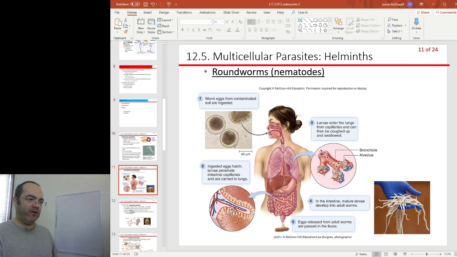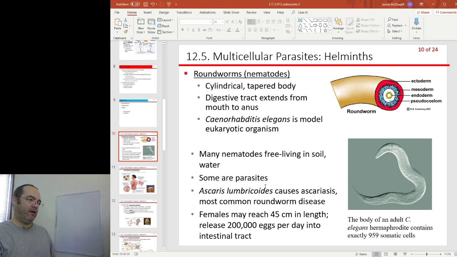So these are sterilized worms that have been reclaimed from an unfortunate sufferer from ascariasis.